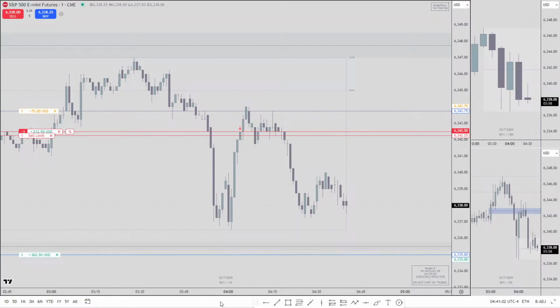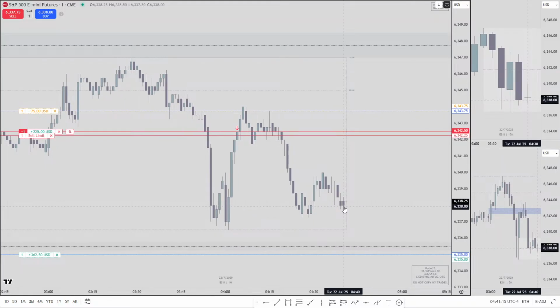It feels like it's gonna do some funny business, because this is the second candle that's trying to close below this swing low, but it's unable to do so. So this is the second attempt.